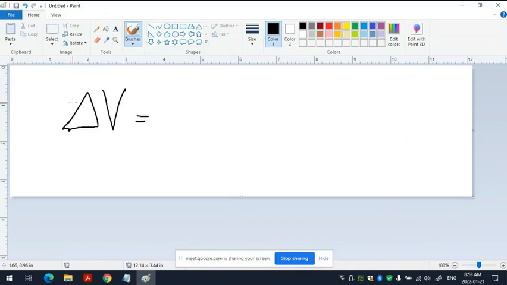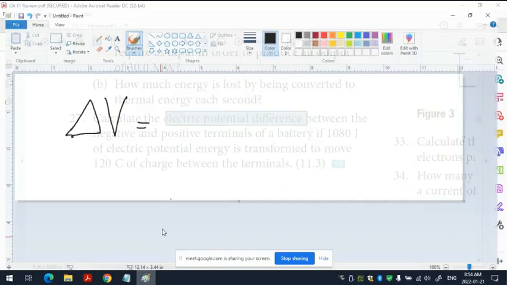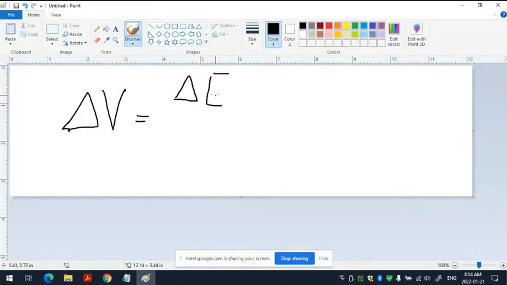I wrote it a few minutes ago. V equals IR. Do I have any current or resistance information here? So Ohm's law is useless here. What's the only other equation with delta V in it? Delta E over Q test.